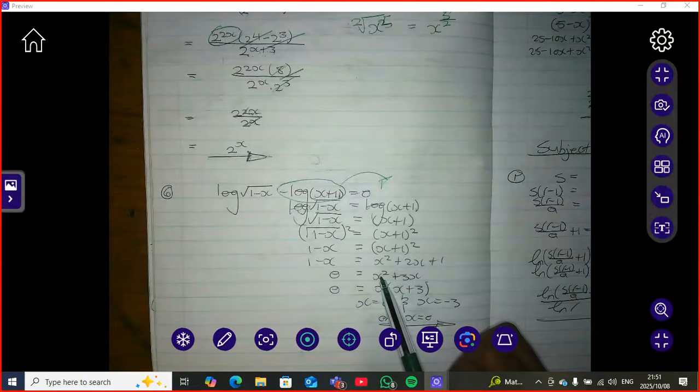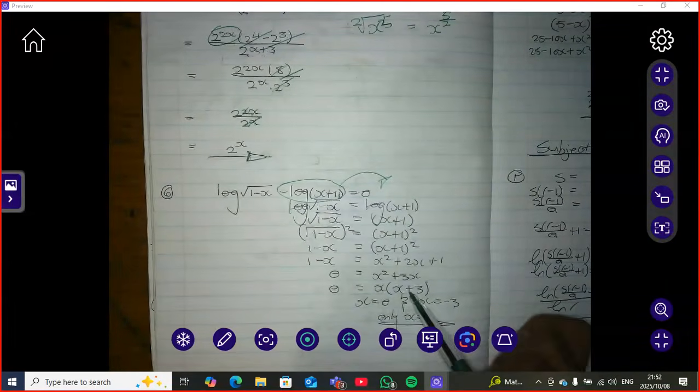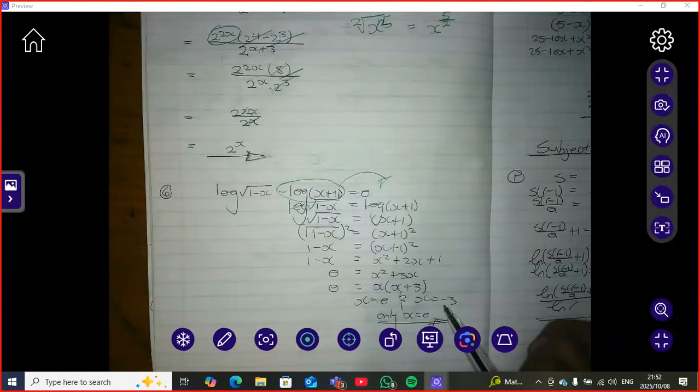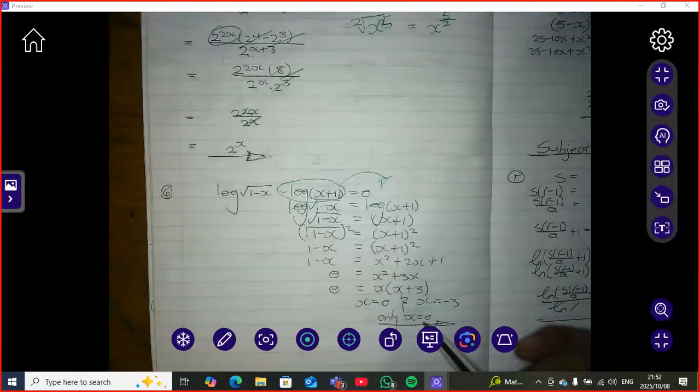I'm left with x squared plus 3x. I factorize this and solve it for x now. What's left over is x plus 3. So x equal to 0, and then x equal to negative 3. Then remember, the log can't be a negative, so x equal to 0 only.